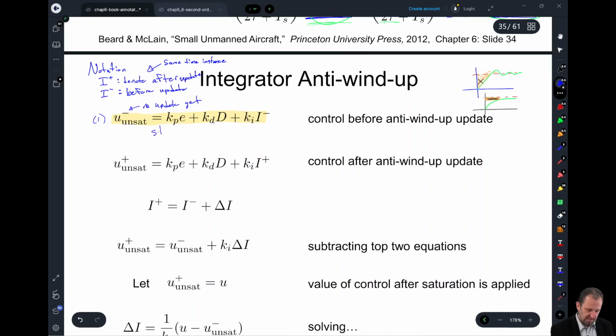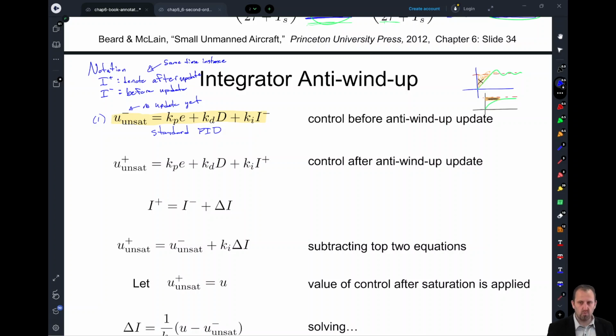This is our standard PID loop, or PID control. So we've just calculated our control, but then we have to actually saturate it. We're not allowed to give an infinite amount of control, so we're going to end up saturating it. This equation 2 is after the update.